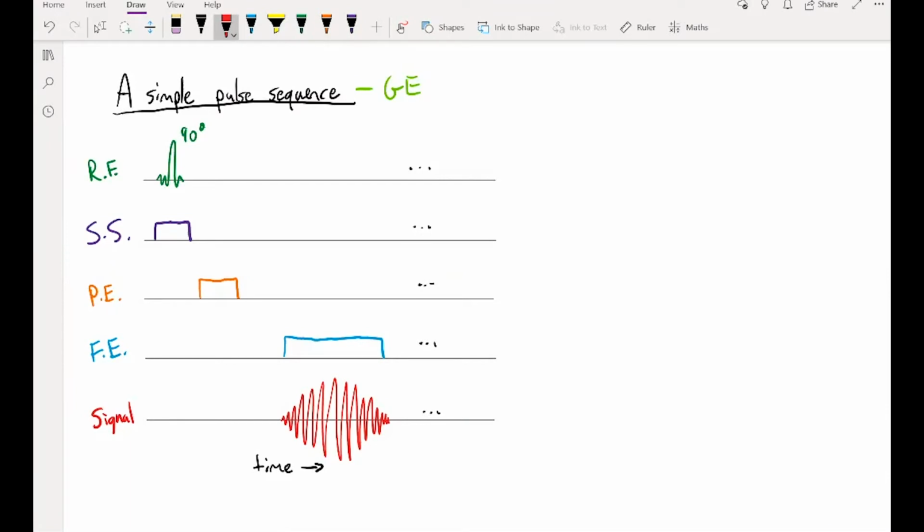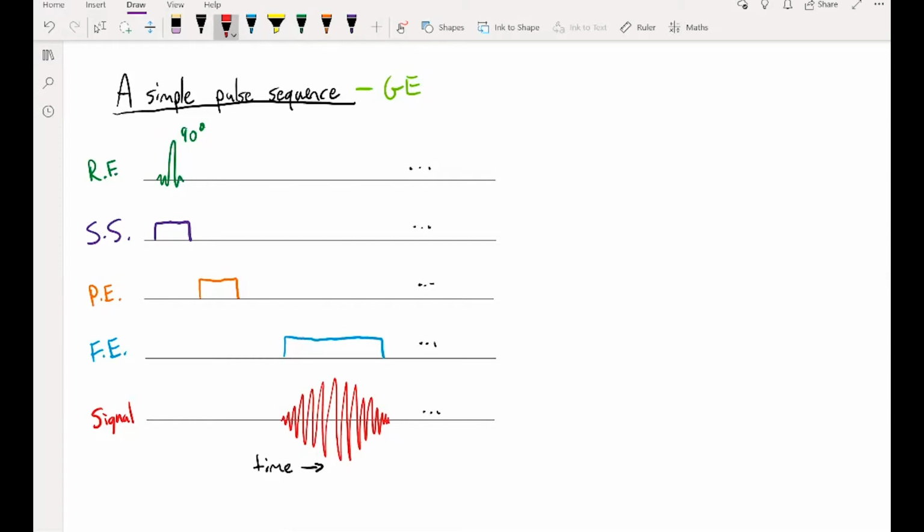The problem here is I've already talked about how we can apply a phase encoding gradient to get some spins to be ahead in phase and some spins to be behind in phase in the y direction, which is great. That's what we want. But phase differences are caused by a gradient being on, right?